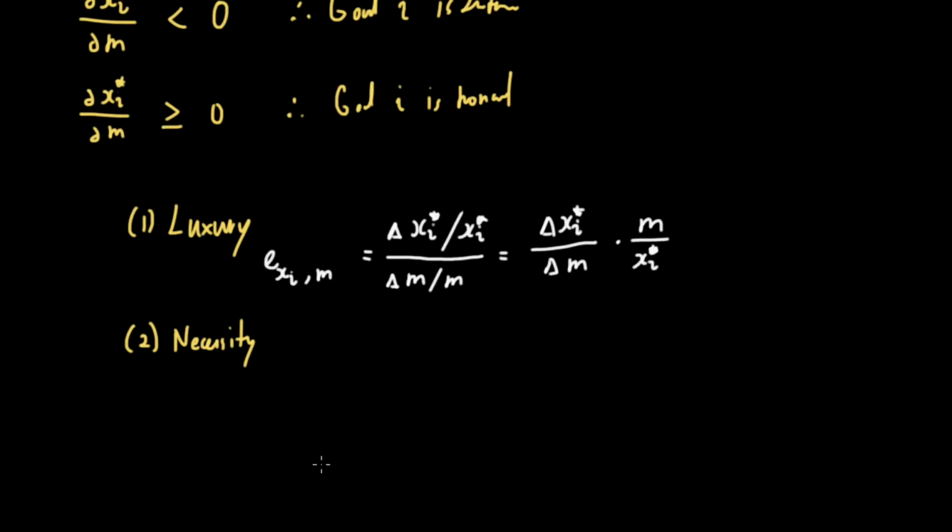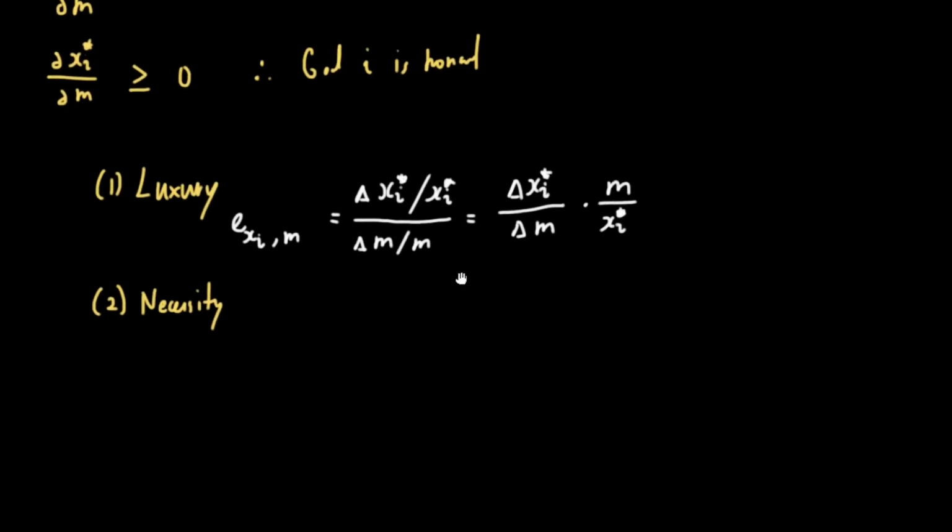So now that we have defined what the elasticity is, we can now determine if a good is a luxury good or a necessity. If a good is a luxury, then E x sub i, m should be greater than 1.